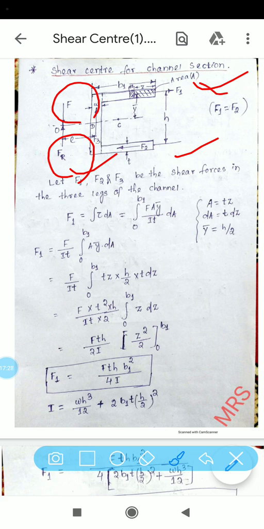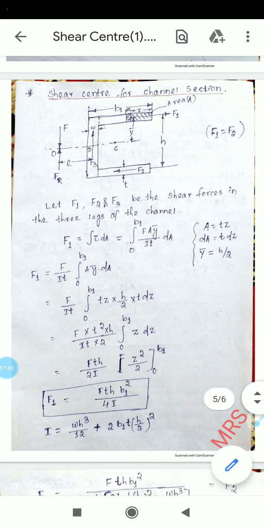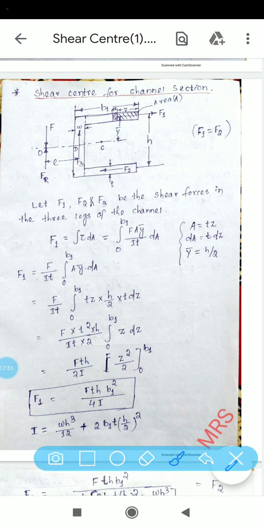If you calculate F1, then F1 is equal to F2. So we have the expression F1 is equal to integration of tau dA. So integration of F A bar divided by I T into dA. It varies from 0 to B1 because you have to calculate only this section, the top flange of the channel section.